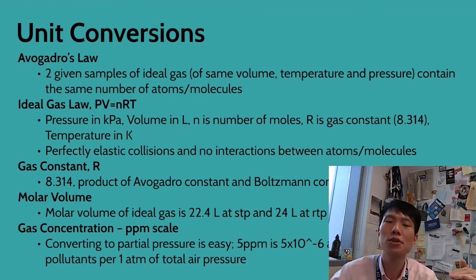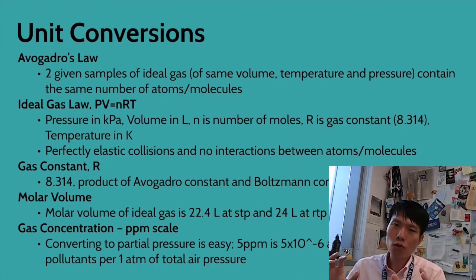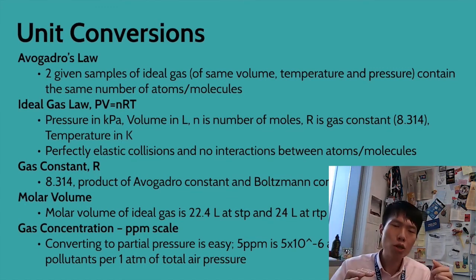The next law is the ideal gas law, summarized as PV equals nRT. You learned this in your physical chemistry courses, but let's do a quick recap. The pressure is in pascals, the volume is in liters, n is the number of moles, R is the gas constant 8.314, and temperature is in kelvin.